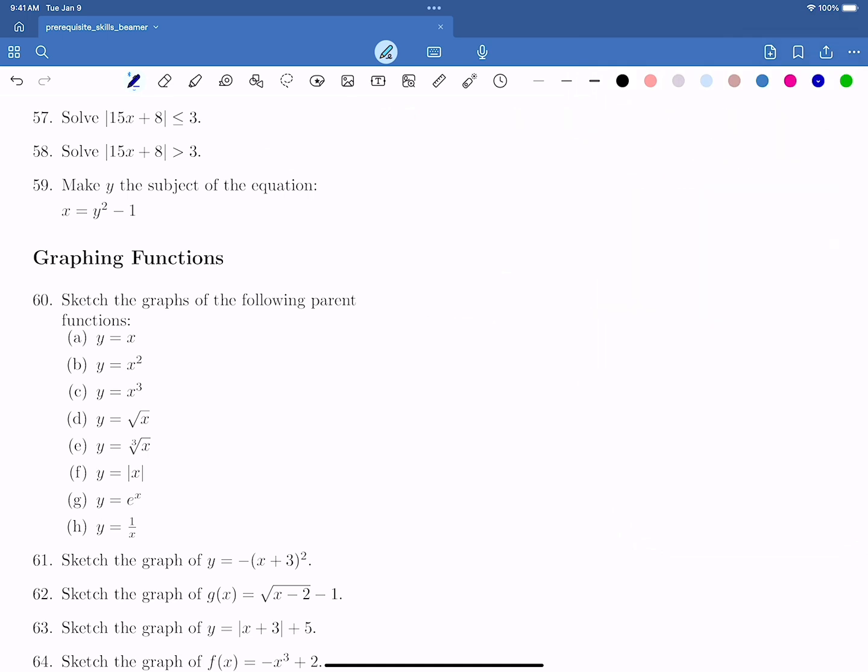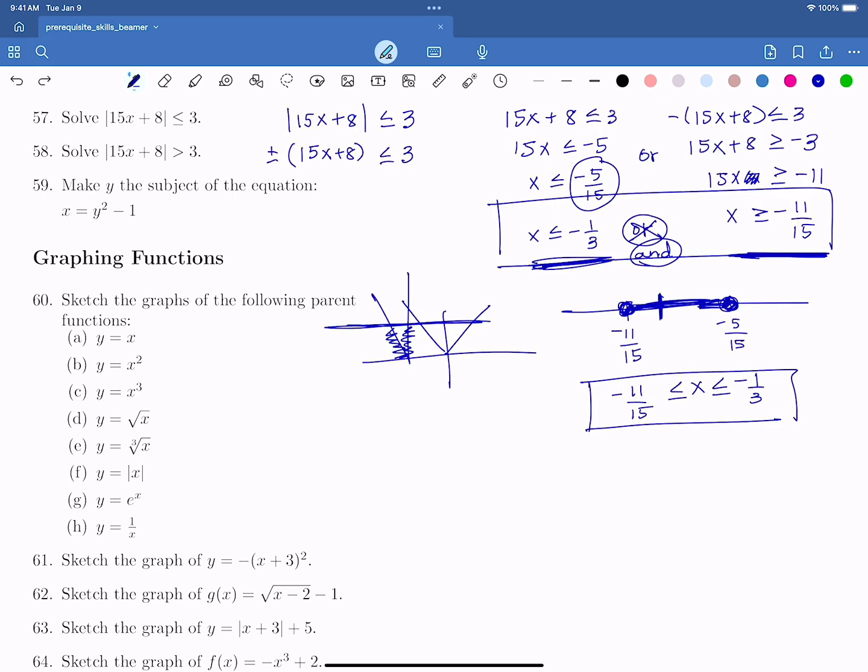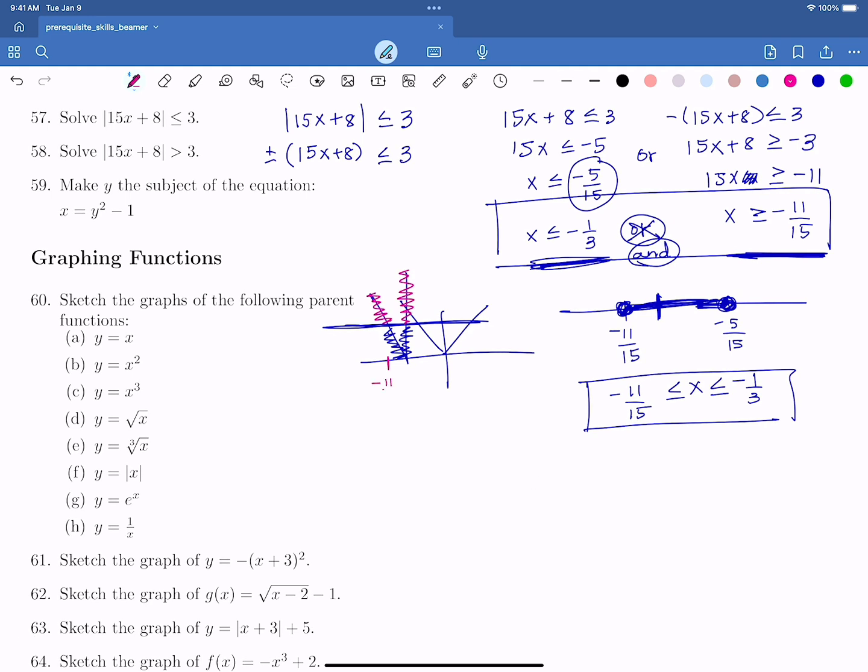Okay, next one. The only thing that's changing is the direction of the symbol. So instead of being less than, we want greater than. So our solution is going to look like that. This was my negative 11 over 15 right here. This was my negative 5 over 15, or negative 1/3.